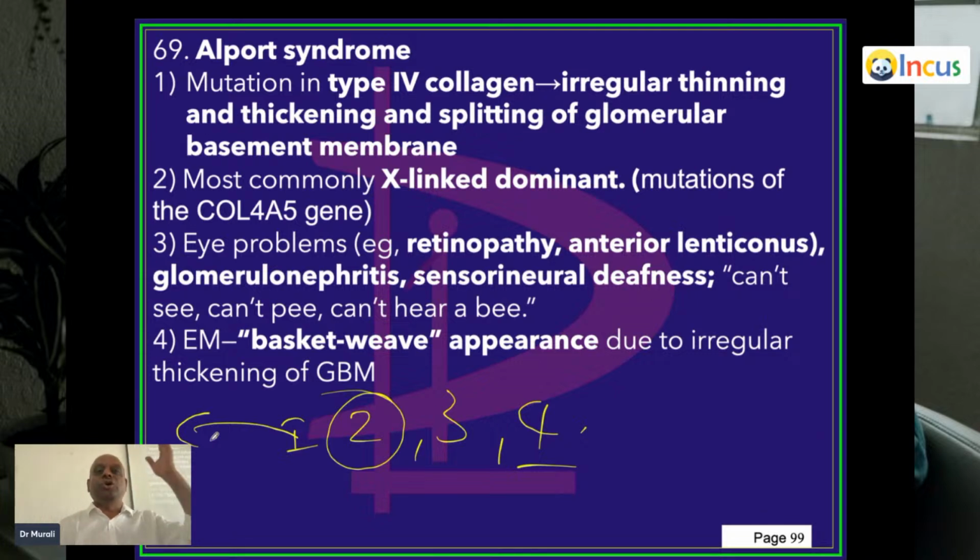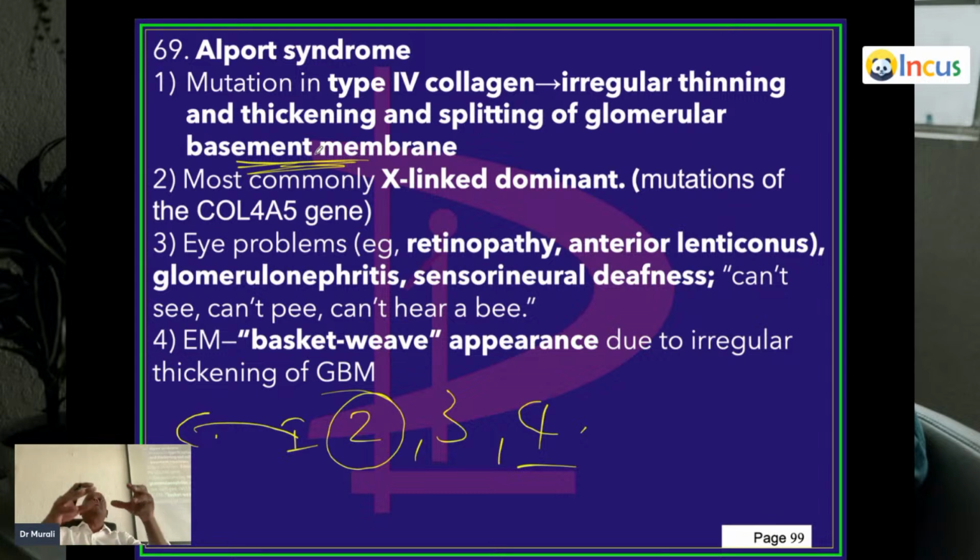So 4 is affected means who is affected? Basement membrane. So that is the reason there is thinning and thickening of the basement membrane. And the basement membrane becomes split. So splitting of the basement membrane with irregular thinning and thickening.